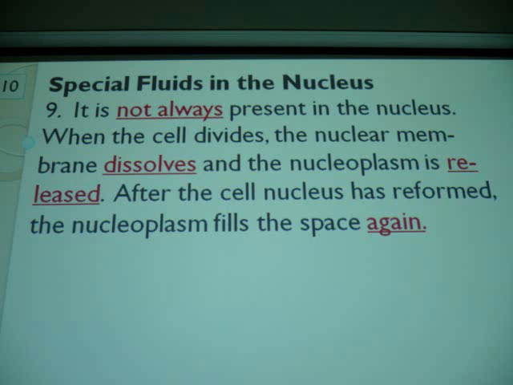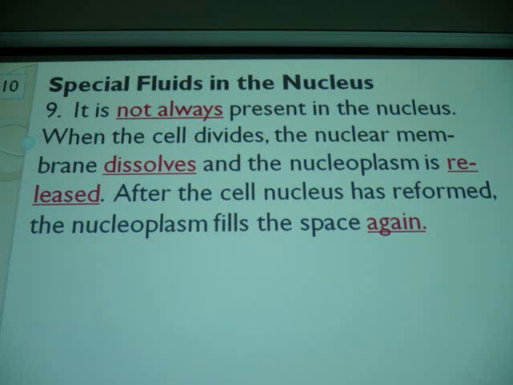When that cell divides to make two of itself, that nuclear membrane has got to go away. It's got to go away because I've got to take those chromosomes and make another set of them, so that one set goes to one new cell and the other set goes to another new cell. Well, if the nucleus never dissolves, I can move the nucleus here, but I can't separate it.